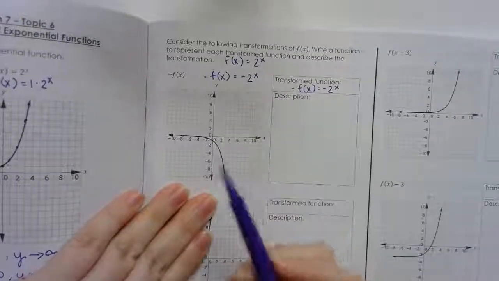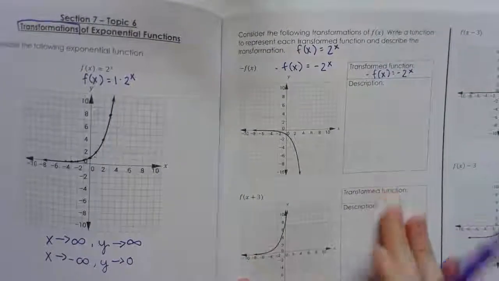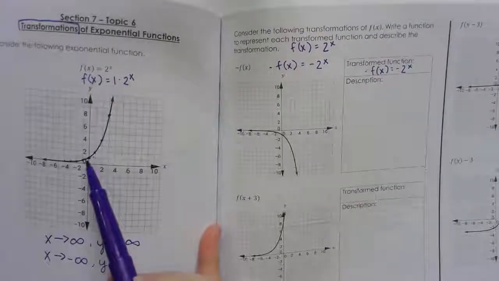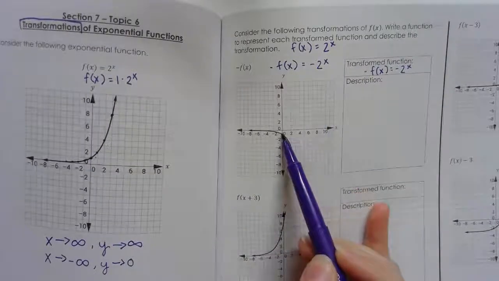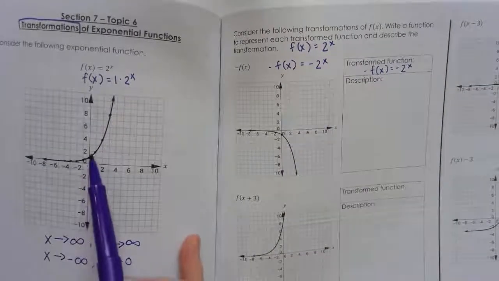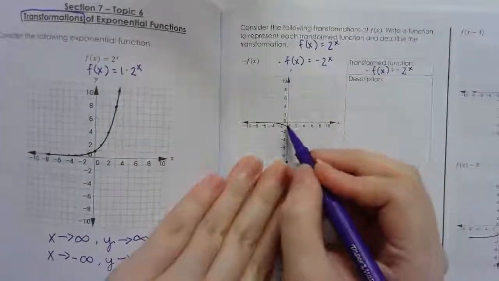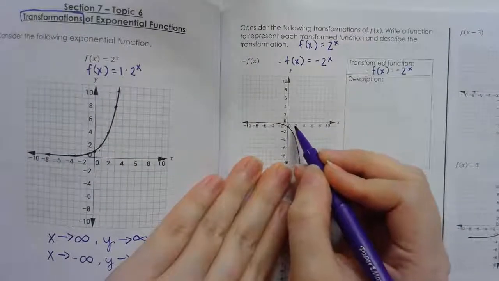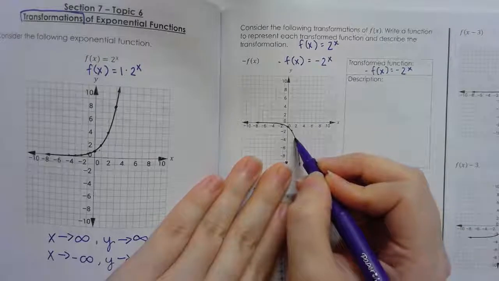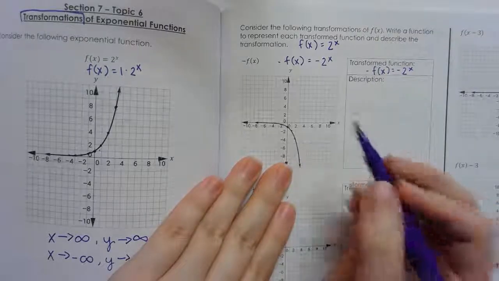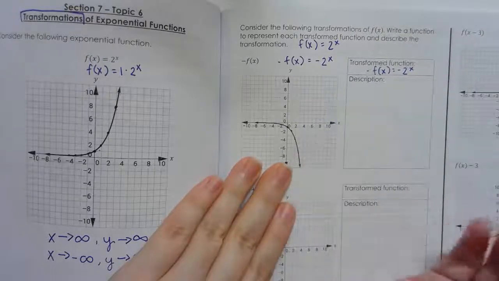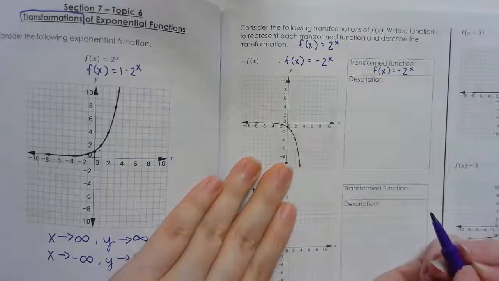Okay, so what happened? Let's look at both of these. So it was going through 1, now it's going through negative 1. It was going through 2, now it's going through negative 2. It was going through 4, now it's going through negative 4. Okay, so all of these, what has happened to all of these points?